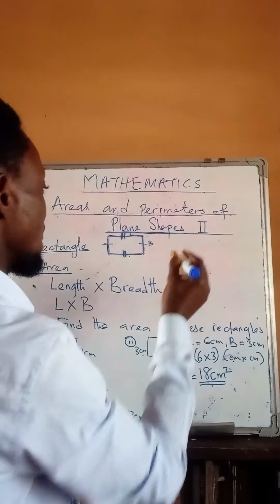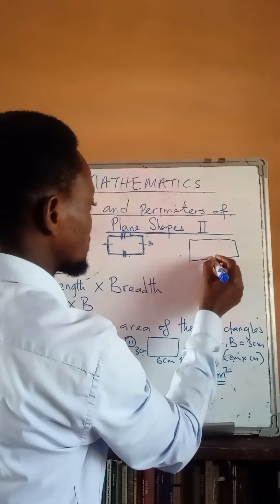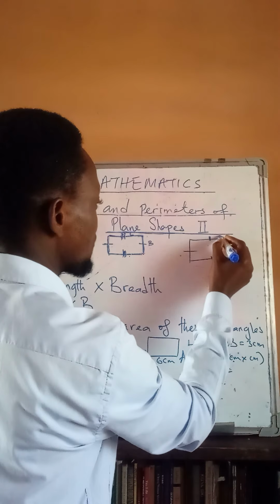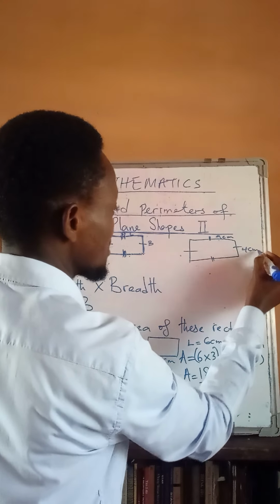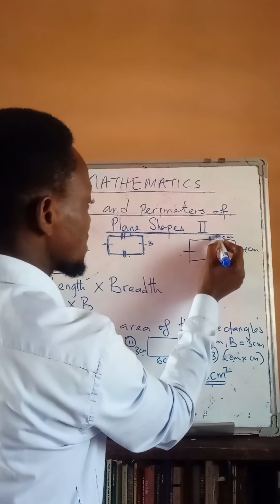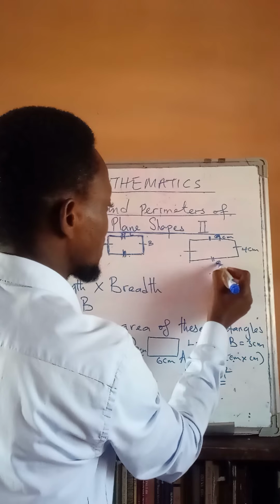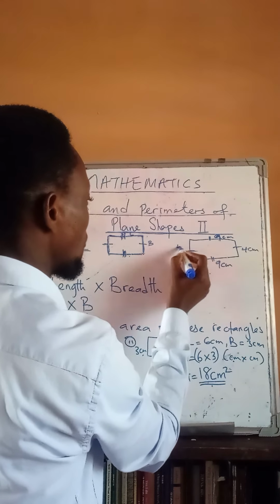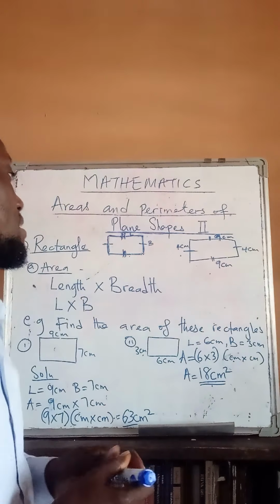For example, if I have this rectangle, and here I have 9 centimeters, and here I have 4 centimeters, it means the 9 centimeters here is equal to this side, meaning this side will also be 9 centimeters, and this side will also be 4 centimeters. That's what I mean by opposite sides equal.